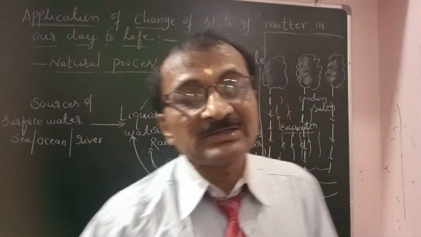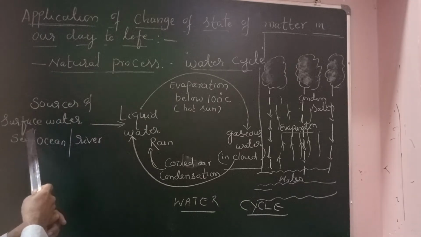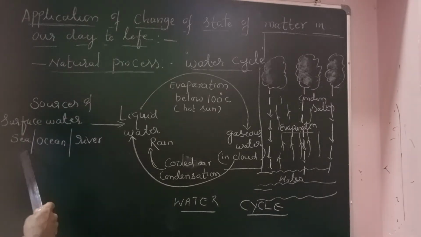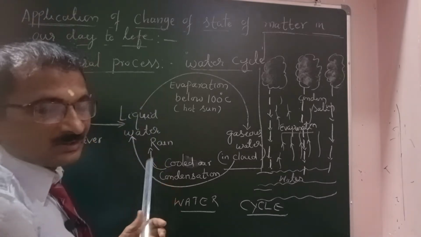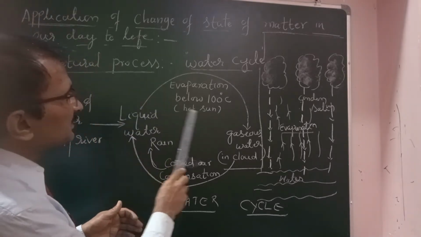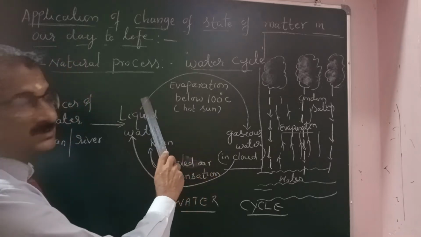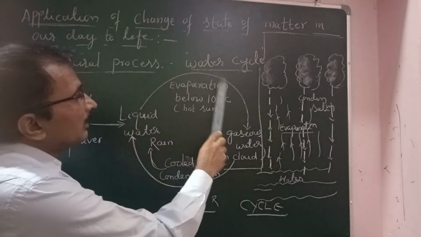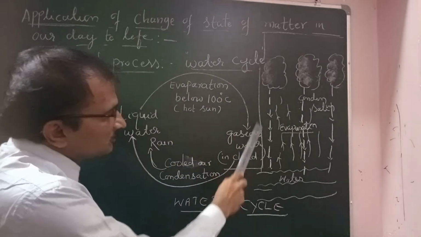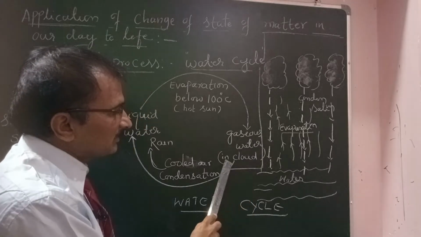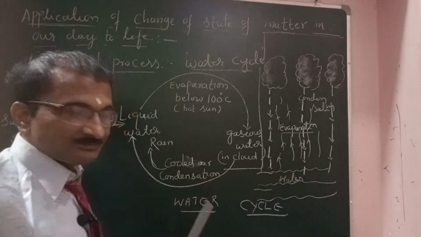So let us discuss. You know the sources of surface water like sea, ocean, and river, which are in the form of liquid water. In the presence of the hot sun, below 100 degrees centigrade, that surface liquid water undergoes evaporation and is converted into gaseous water in the cloud, as water vapor.